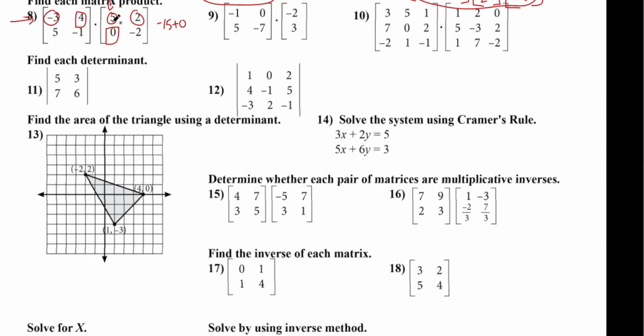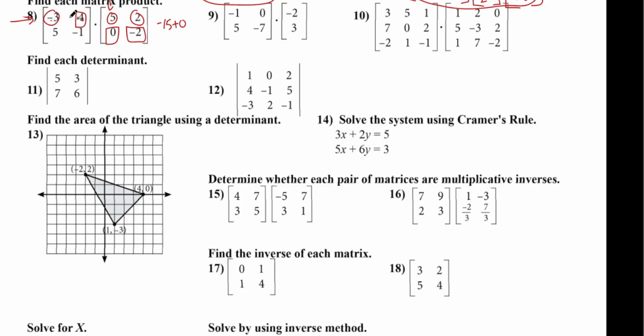We go these two, and then these two. Do you see that? Just follow the pattern. You do the circles, you multiply them, then you take the squares, you multiply them, add them together.